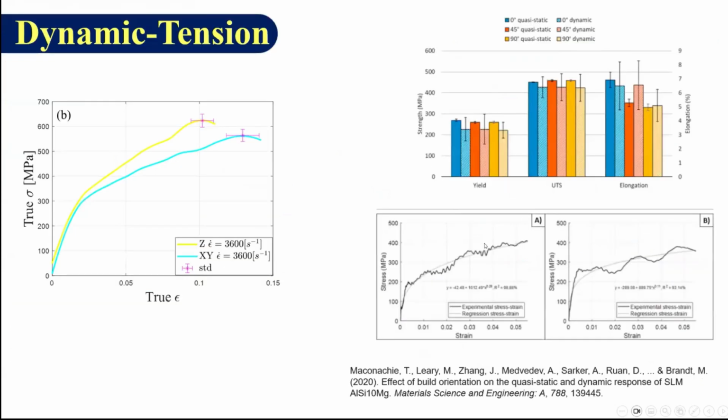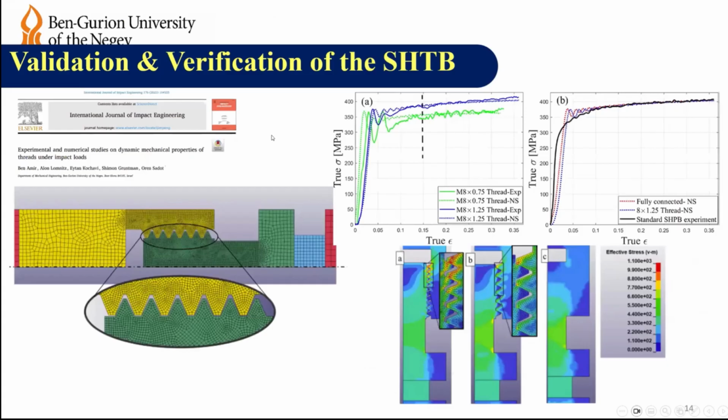And unlike other results, we don't use filtration, so we can see very delicate changes between the samples. In fact, we wrote another paper about how dynamic loading is propagated along different threads and found the proper way to use it in a split Hopkinson bar.